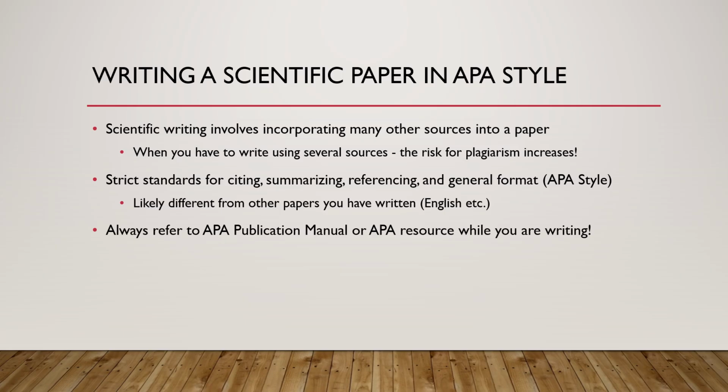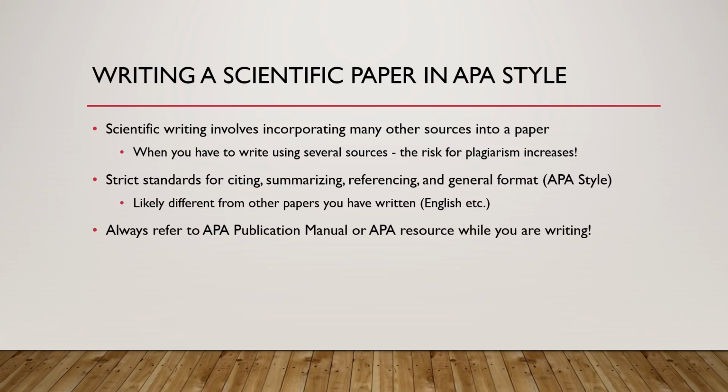So we want to make sure that we indicate when an idea belongs or came from someone else, not ourselves. So there are very strict standards for doing this, for citing, summarizing, referencing, and generally formatting your articles so that it is clear again, what are my ideas versus what are the ideas that I'm pulling from someone else.